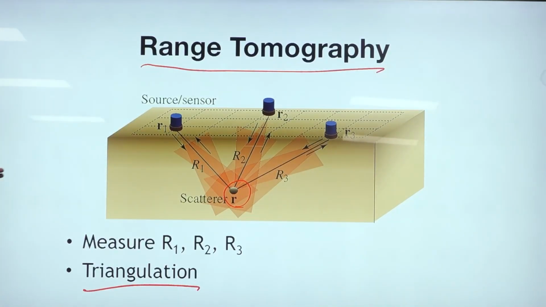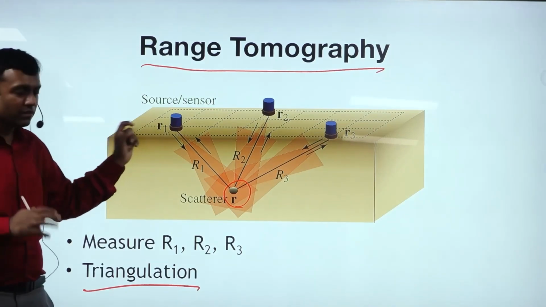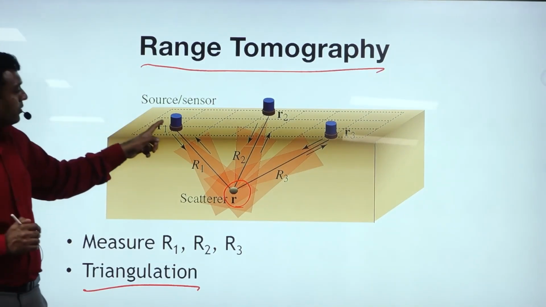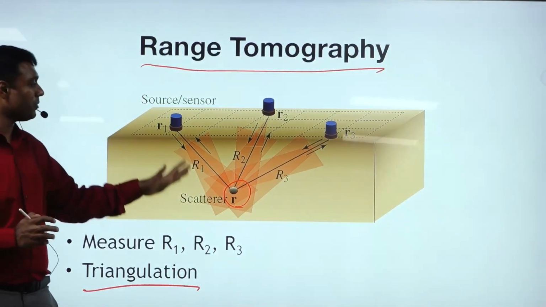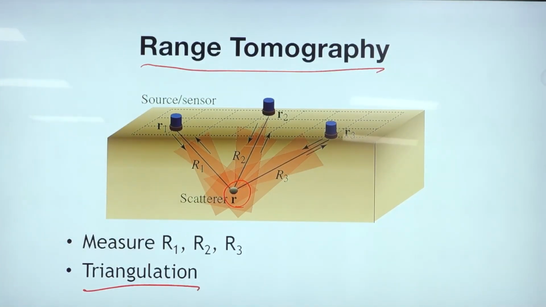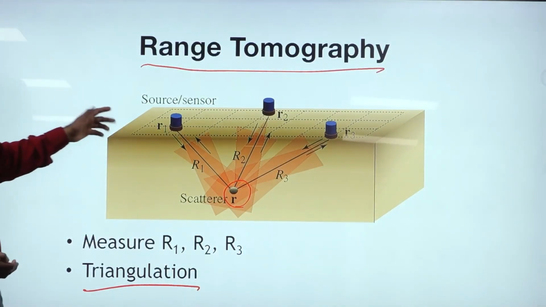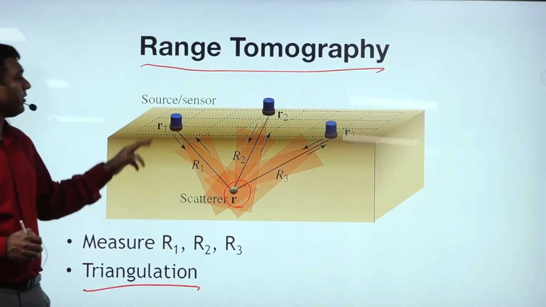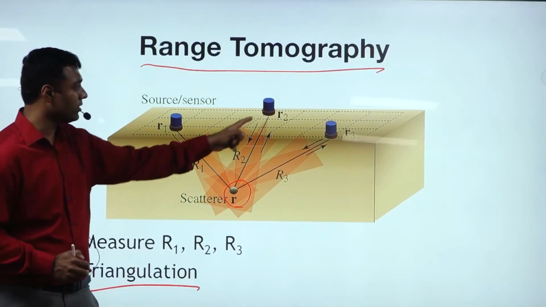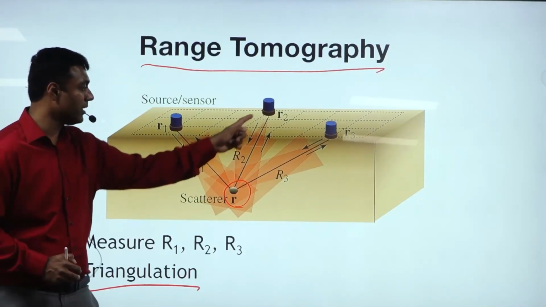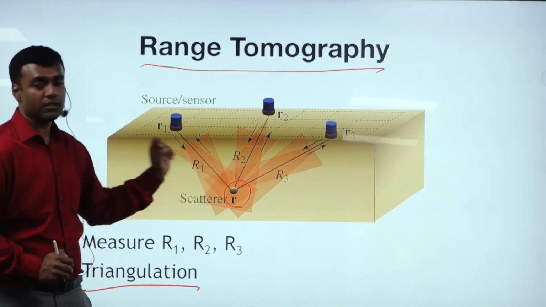So let's say you send a signal, it takes some time to come back. You know what time you sent the signal, and you know what time the signal comes back. So using the time measurement, you can measure distance capital R1, and then you know the location R2. You send a signal and get it back. You measure the distance capital R2.